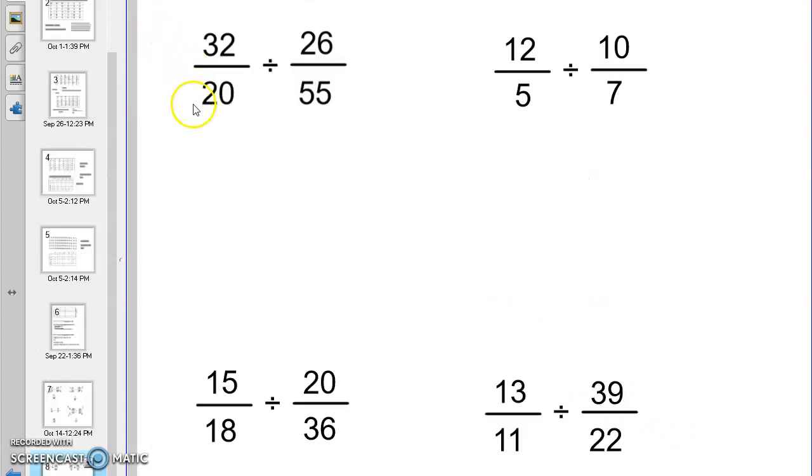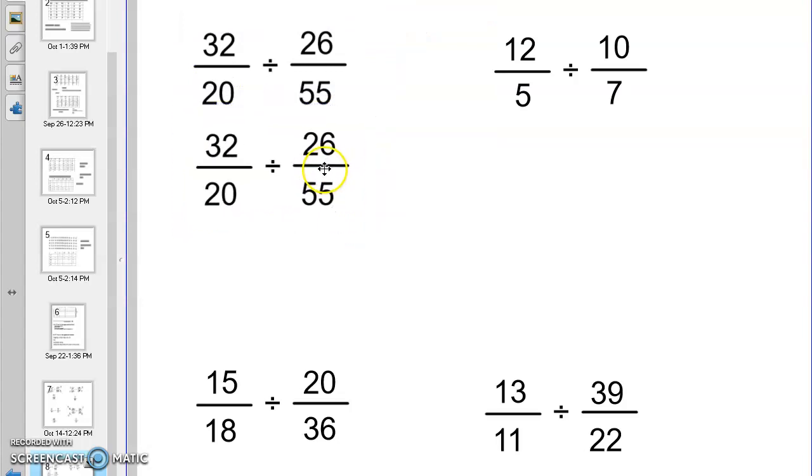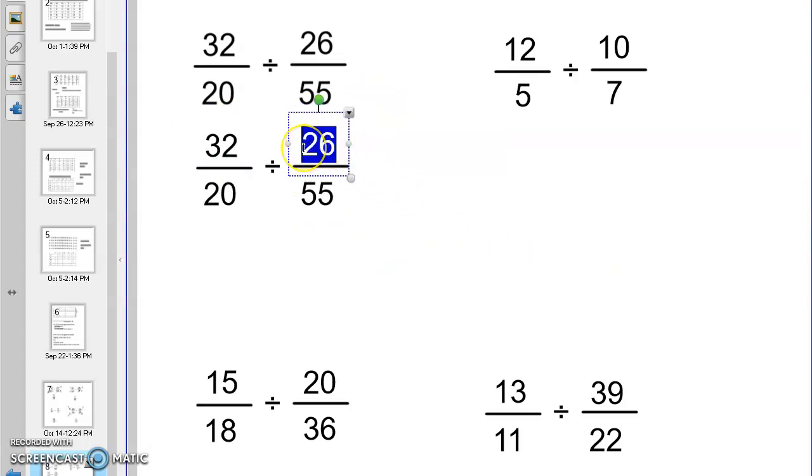And now we go to division. Before I divide anything, I'm always going to flip that second fraction. So this fraction here becomes 55 over 26. And now this sign turns into multiplication. And now we look to reduce. We can reduce vertically here. 4 goes into 32 8 times. 4 goes into 20 5 times.